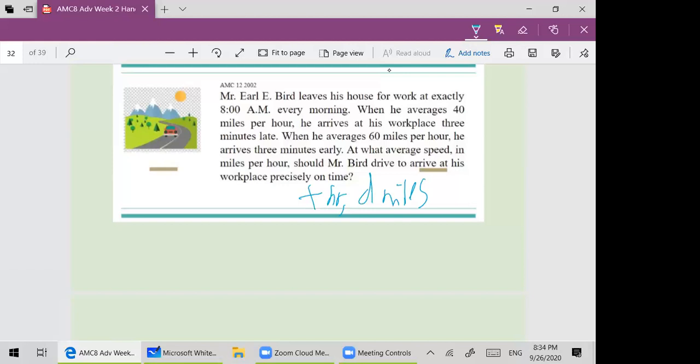So D over 40 equals T plus 1 over 20, and D over 60 equals T minus 1 over 20. So this simplifies to D equals 40T plus 2, and D equals 60T minus 3.